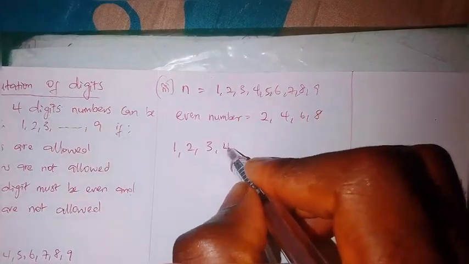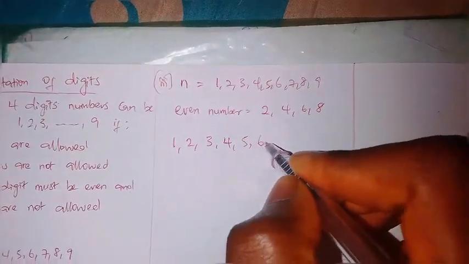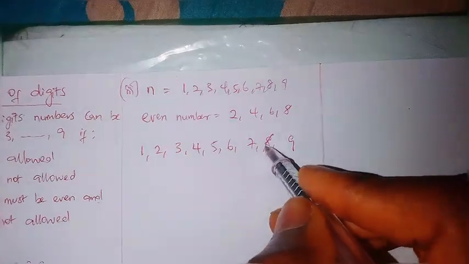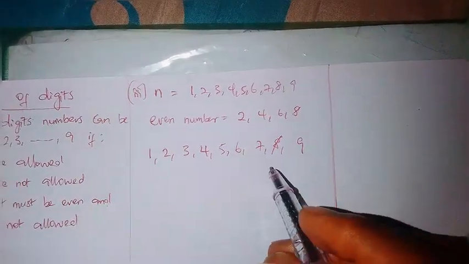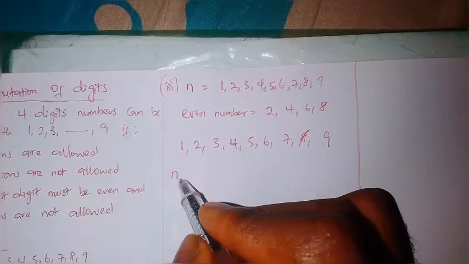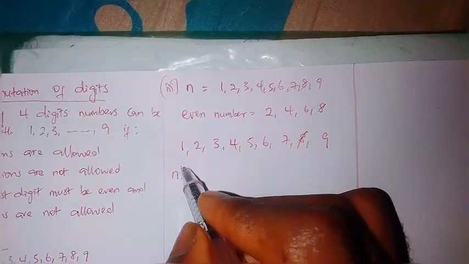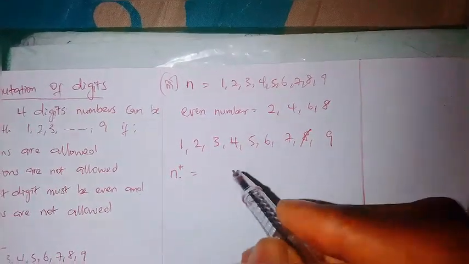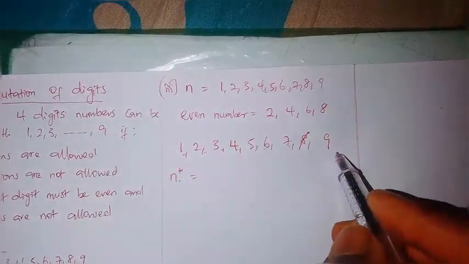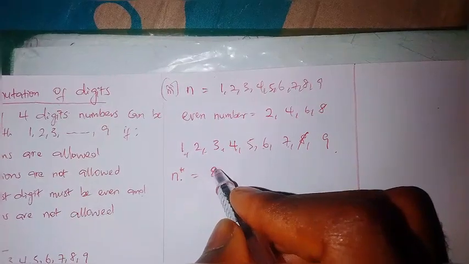Then how many items will I have left? My new n, let me call it n star, becomes 1, 2, 3, 4, 5, 6, 7, 8. It now becomes 8.